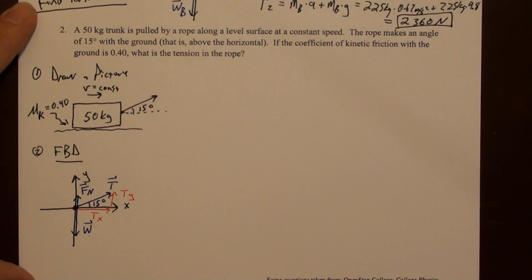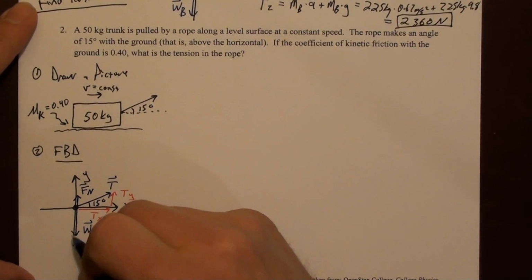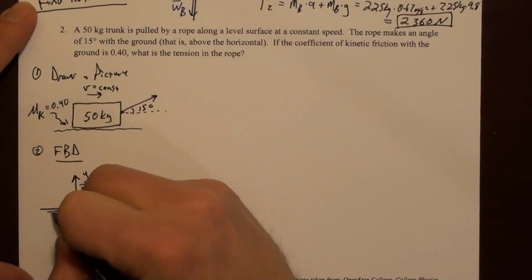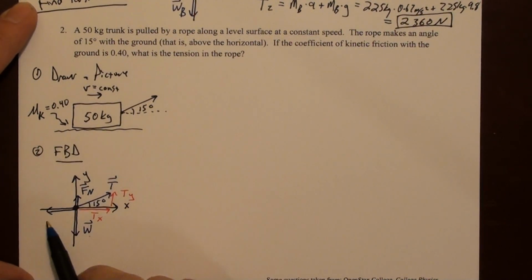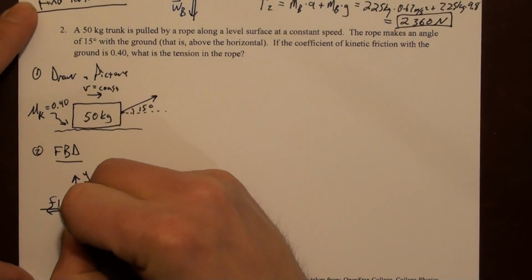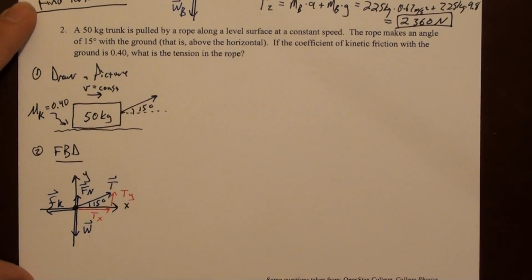Okay, so again, no net force in either direction, so the frictional force needs to counteract the x component of tension, which means it just needs to point to the left and be about the length of T x pointing to the left. So that's f sub k. That's our free body diagram.